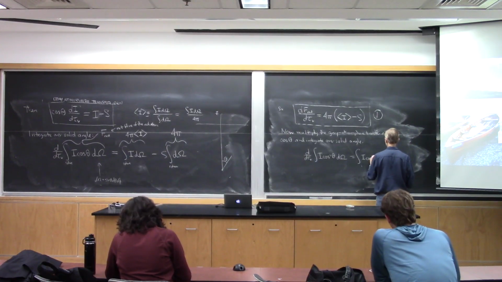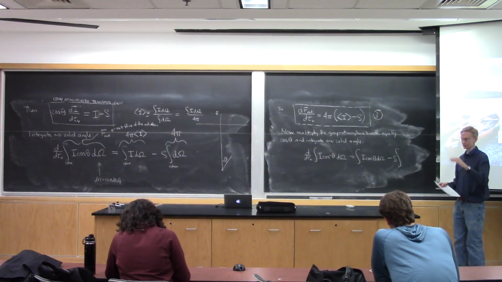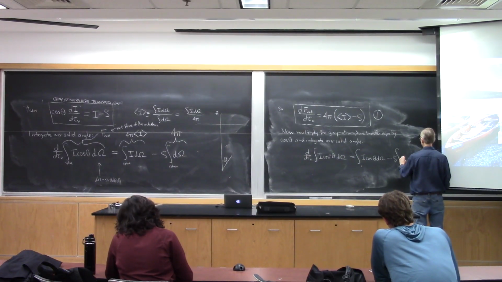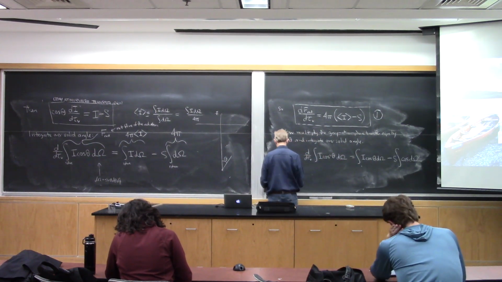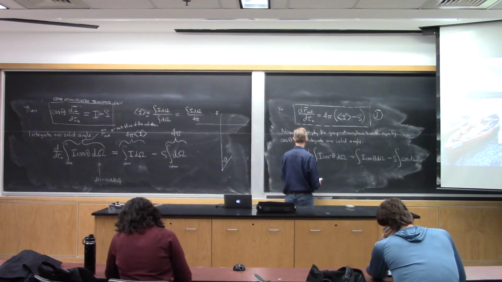Minus S can still come out, because there's no reason for the source function to depend on direction. So S times the integral of cos theta d omega.